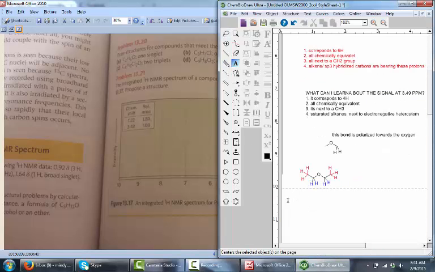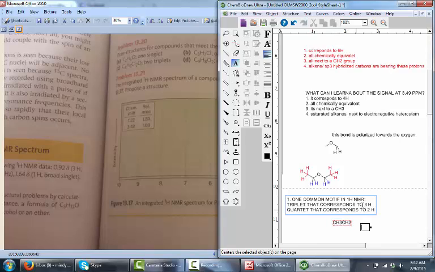So this CH3 is the triplet, and that's a triplet because of its proximity to the CH2.